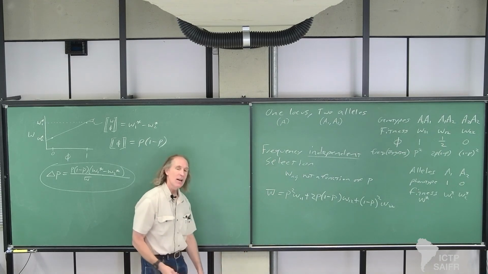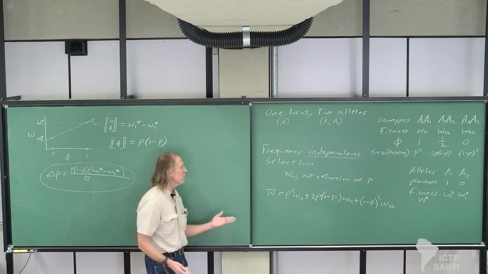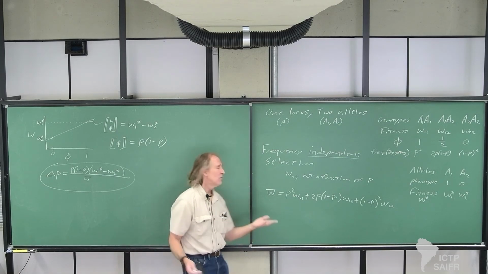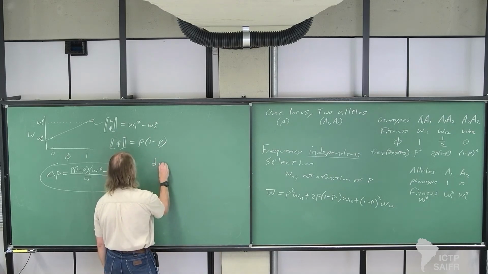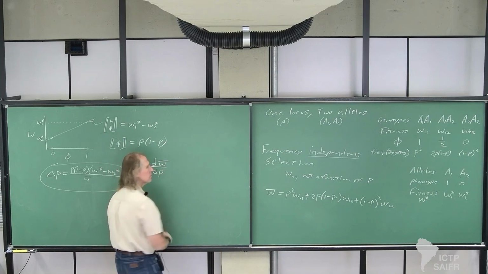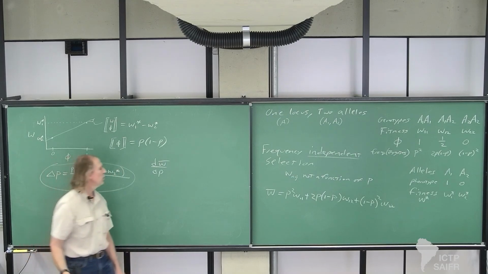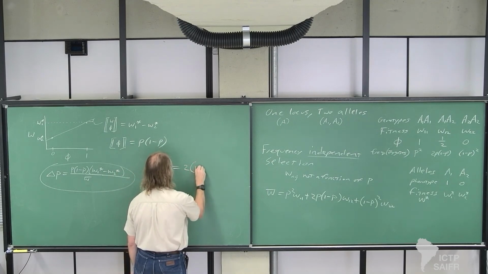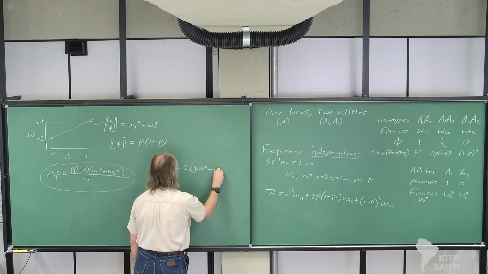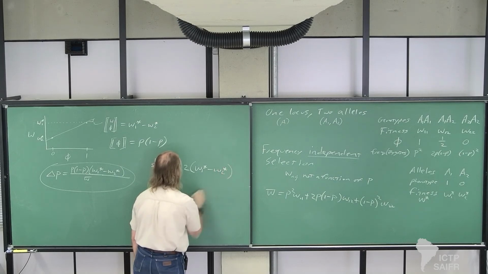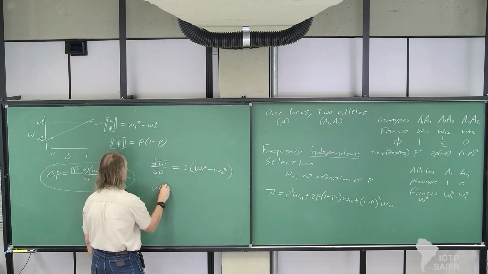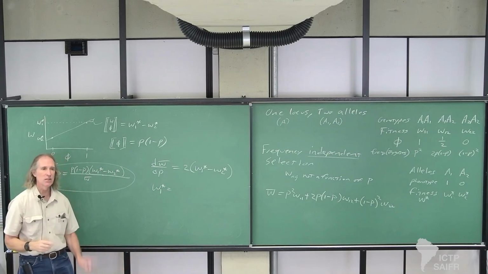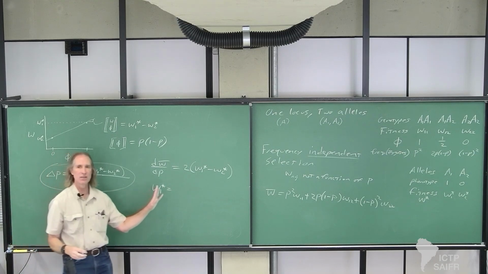If that's the case, Wright was interested in how does mean population fitness change as allele frequency changes, right? And so how do you get that? You take the derivative, dW bar dp. And when you do that, you can write it as 2 times W1 star minus W2 star, where W1 star is the mean fitness of A1 across all the genotypes it finds itself in.